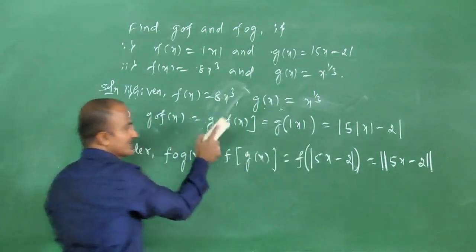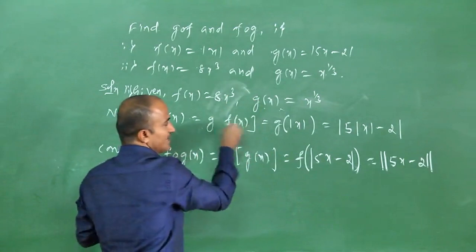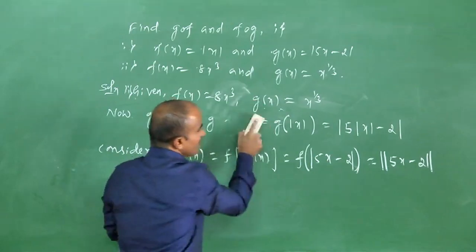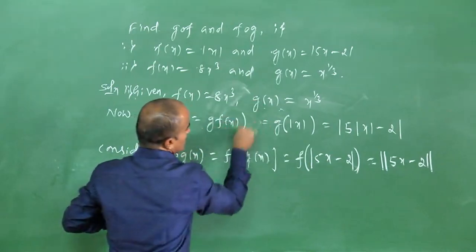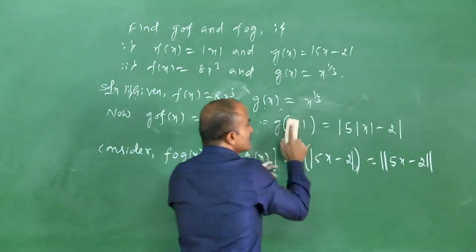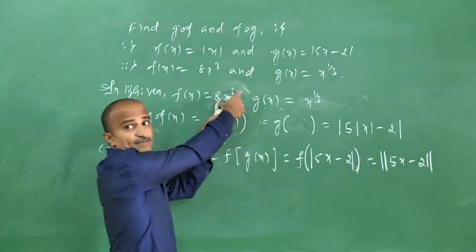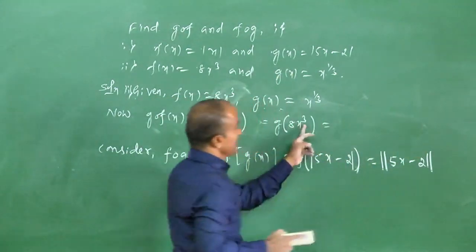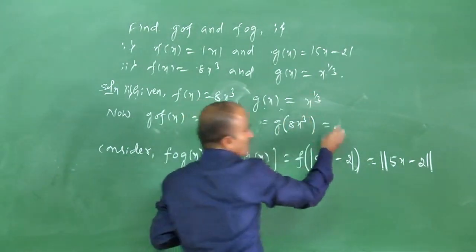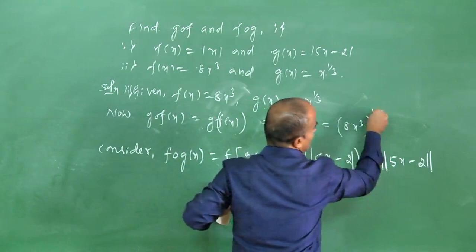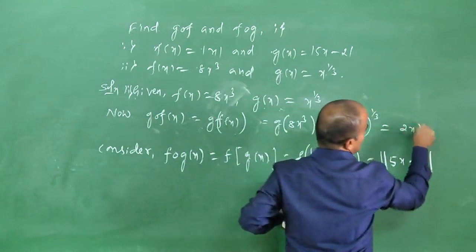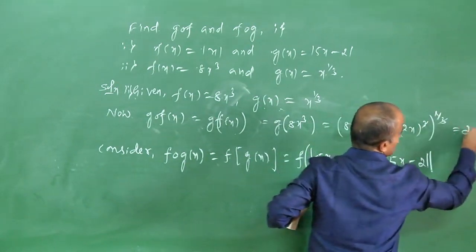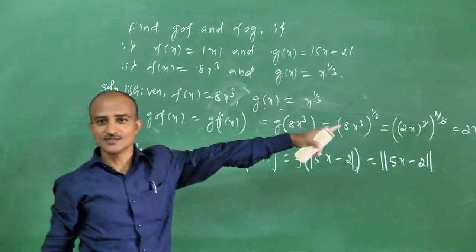To find gof of x, g of f of x, in place of f of x replace that by 8x cube. Then g of 8x cube, wherever x, replace that by 8x cube, that is 8x cube whole power 1 by 3. This can be written as 2x whole cube whole power 1 by 3. That 3 gets cancelled. We have 2x. Means gof of x is 2x.